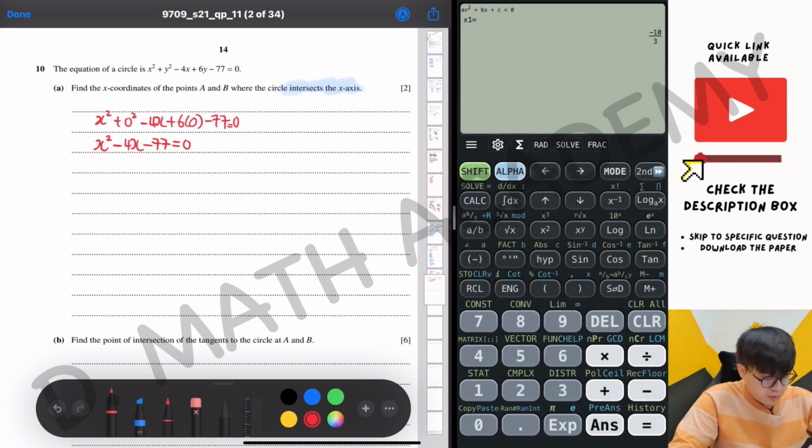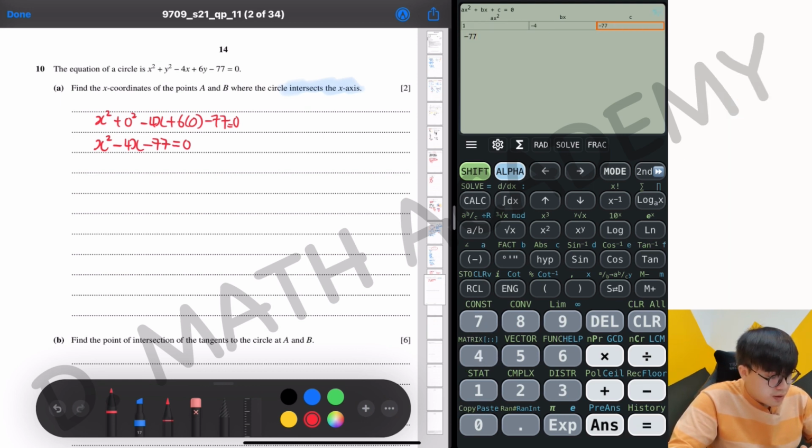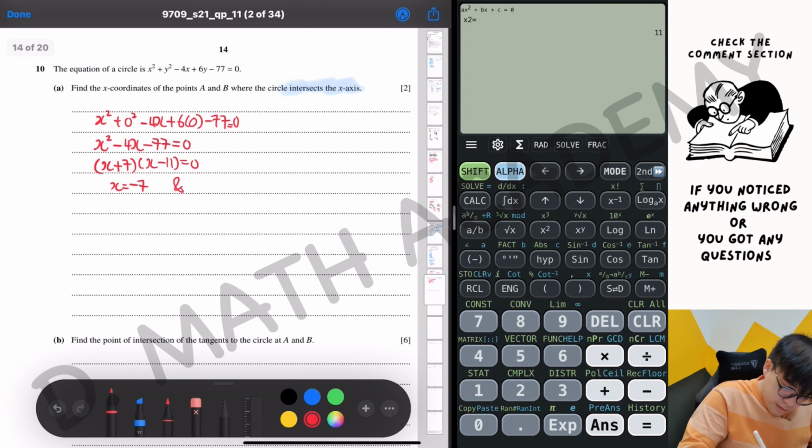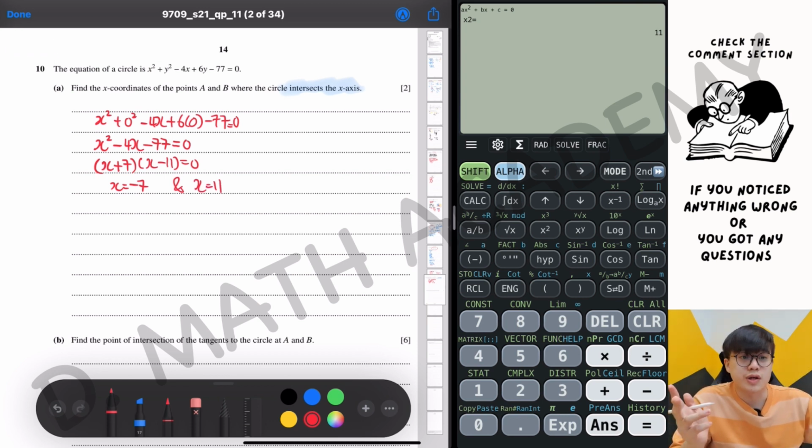Okay, so when we sub in accordingly, 1, negative 4, negative 77, you will get your answers as x either is 7 as well as it is 11 here. So this will be your full answers that we identify.